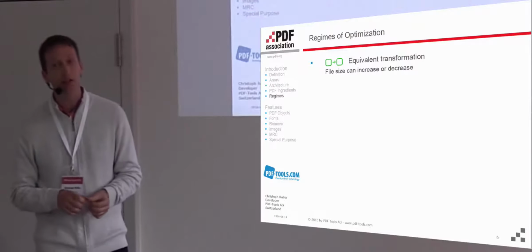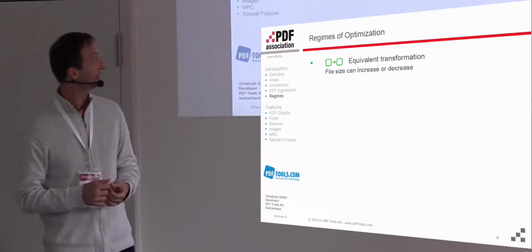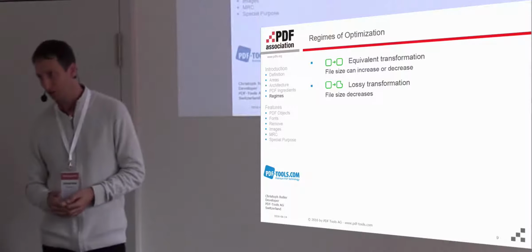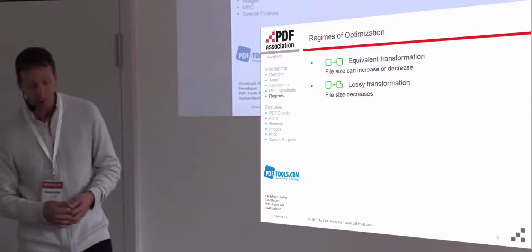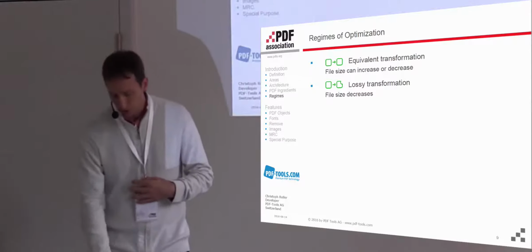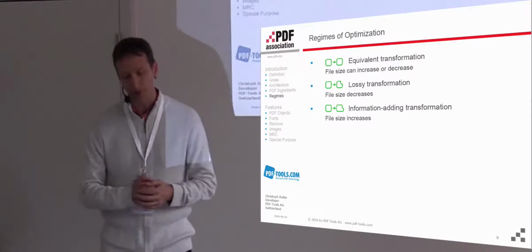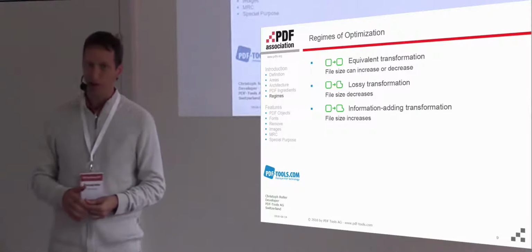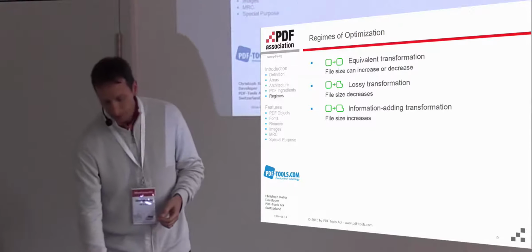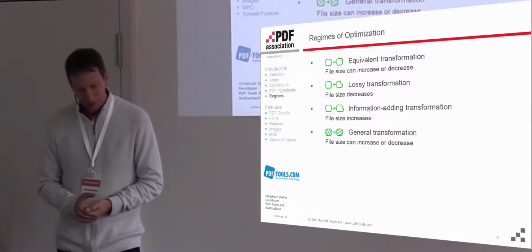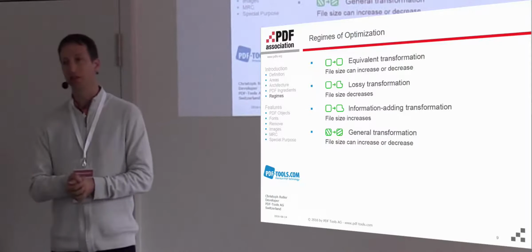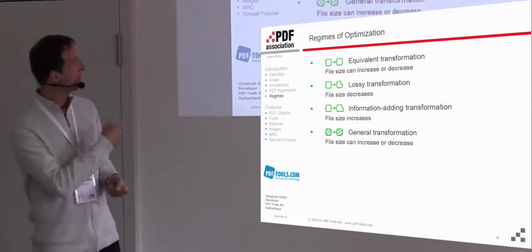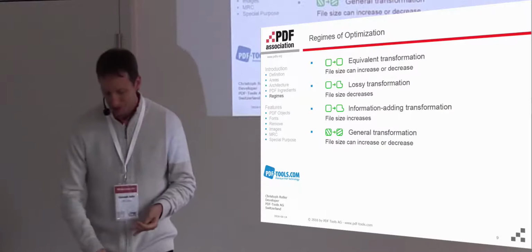Of course, file size can increase or decrease, but we usually take care that it decreases. There, of course, are lossy transformations. If we have too much data or unwanted data, then we will get rid of that and the file size decreases. But interestingly, there are also information adding transformations, which can be very useful, and we will see that. And finally, I have a 4th group, which I term general transformation. It is used for features that are too general to be put into one of the 3 above classes.